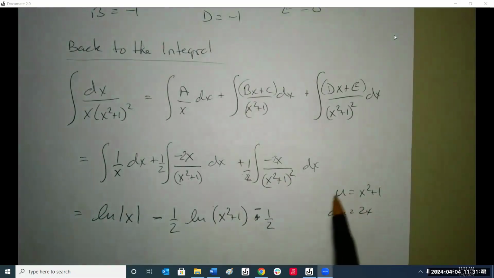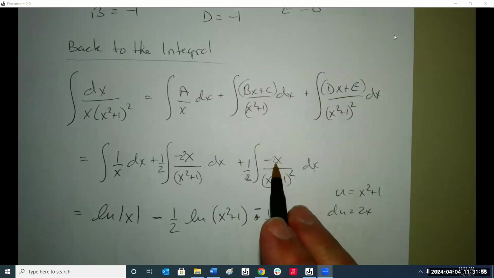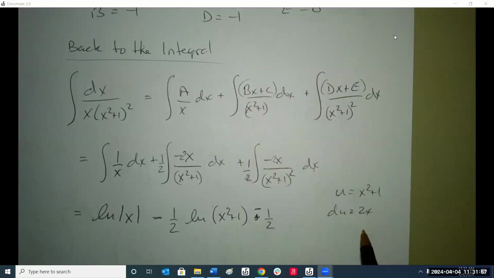Okay. This is u squared, du is -2x. So we have x squared plus 1 to the power -2.